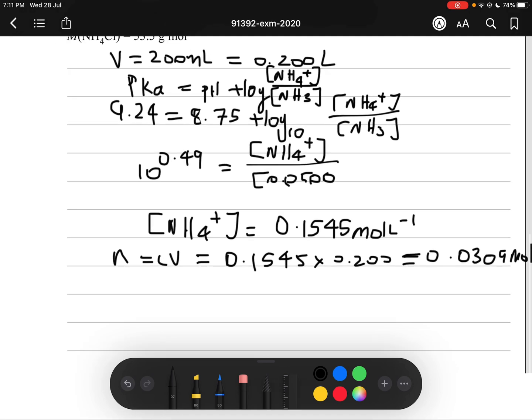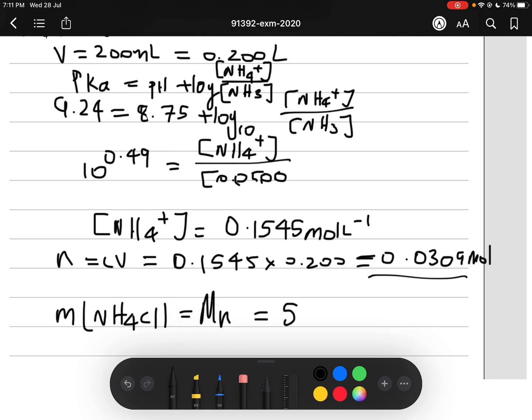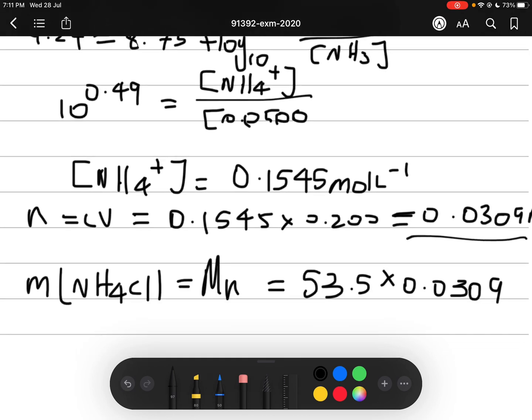The mass of NH4Cl required will be equal to the molar mass multiplied by the total amount required, which is 0.0309 moles. Our molar mass is 53.5, they tell us that, which is very handy. So that's 53.5 times 0.0309 moles, and that should give us an answer of 1.65 grams. So the mass required is 1.65 grams. And remember to round all your answers to 3SF.